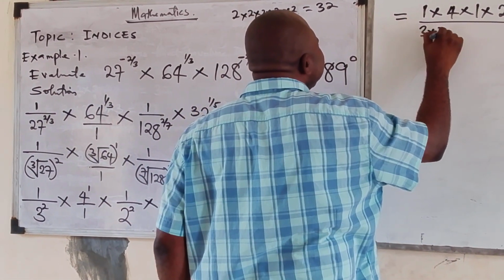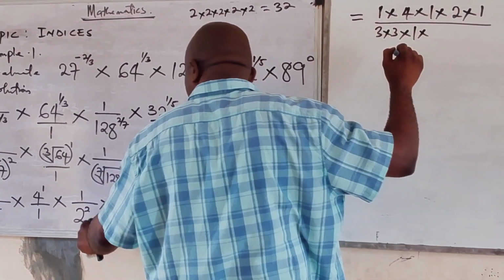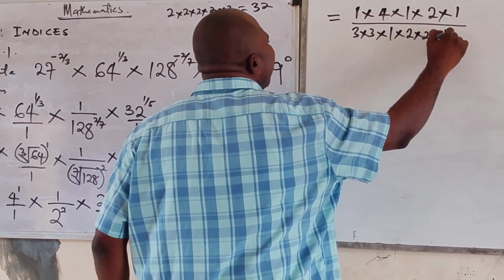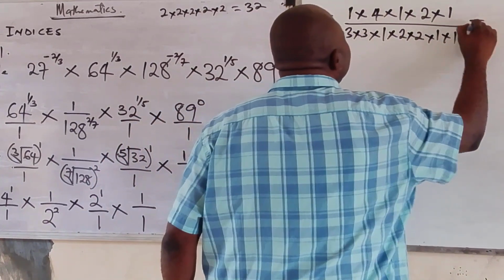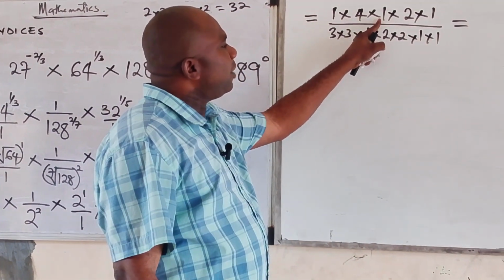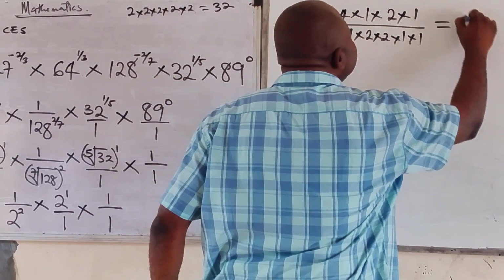That's 3 times 3. Then here we have times 1 times 2 power 2, which is 2 times 2. Then times 1 times 1. Now the whole of this will be equal to 1 times 4 is 4, 4 times 1 is 4, 4 times 2 is 8, 8 times 1 gives us 8.